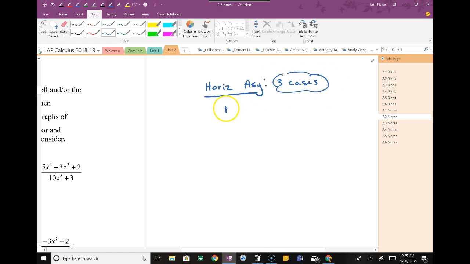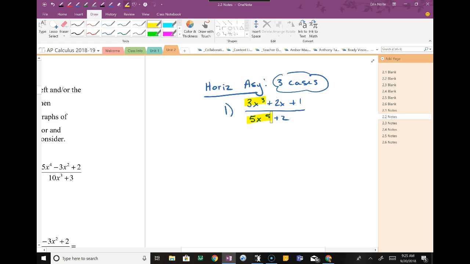Case number 1. What we're looking at is the exponents, comparing the exponent on the top to the one on the bottom. For example, if I had 3x to the third plus 2x plus 1 over, I don't know, 5x to the fifth plus 2, I'm simply looking at the biggest exponent on the top and the biggest one on the bottom, so I'm looking at these first 2 terms.